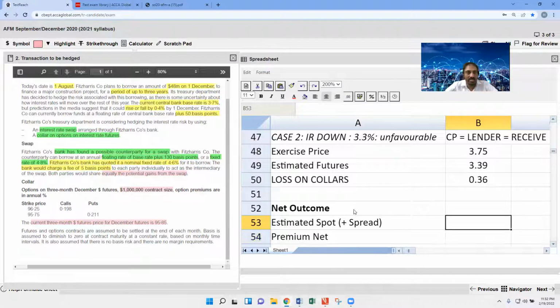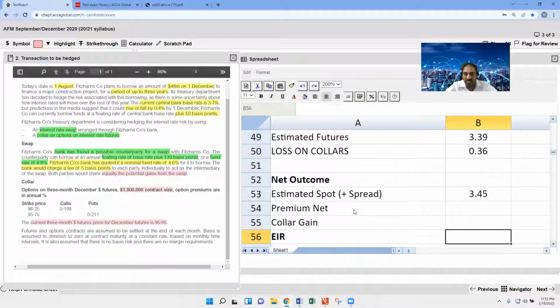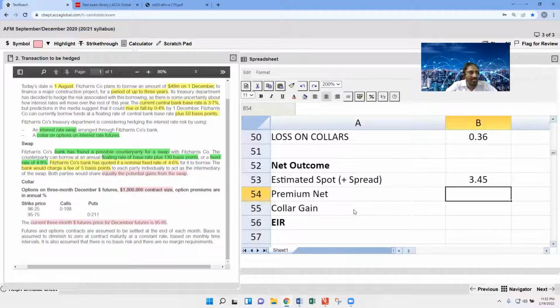Net outcome is equal to 3.3 plus 0.5, the premium 0.013, and 0.36.